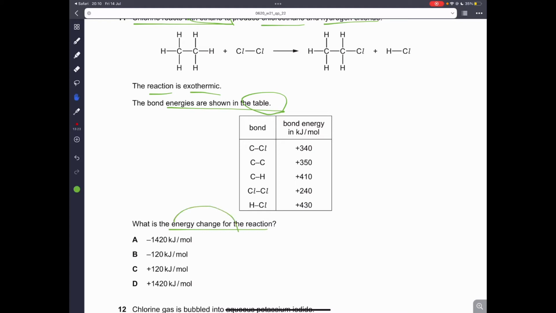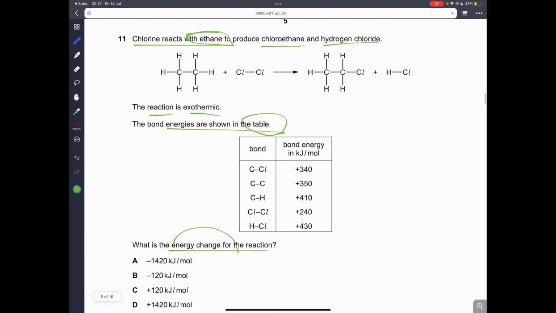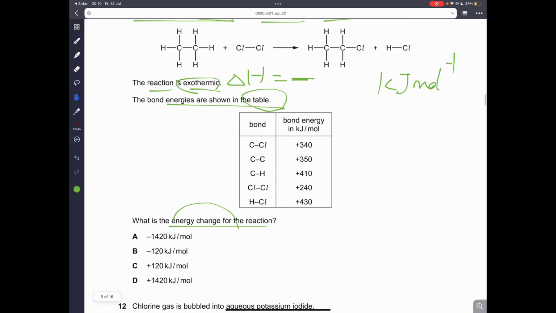Well, first of all, the reaction is exothermic, so the delta H, or the answer you will get, is always going to be negative kilojoules per mole. So it cannot be a positive number, so we can automatically cross them out.